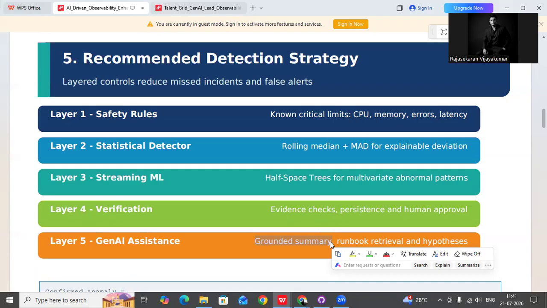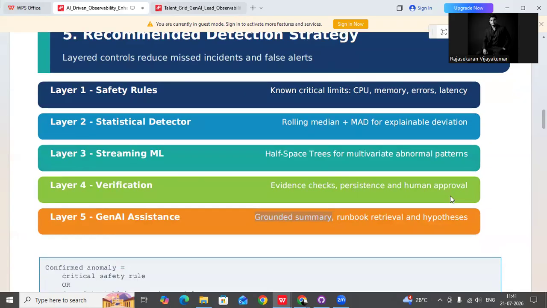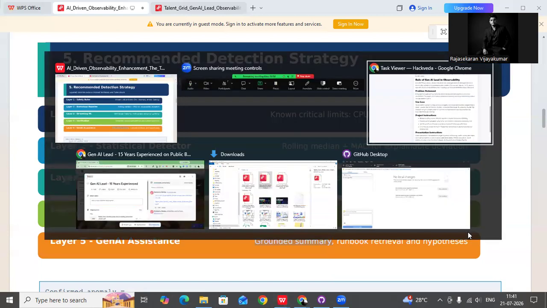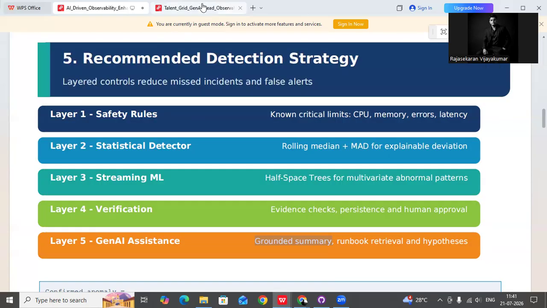Apart from that, there is a runbook retrieval mechanism and hypothesis adjustment, to give the user an explainable, grounded picture of how that anomaly is impacting the system and what the anomaly typically is. That is where a GenAI instance is set up in this case.